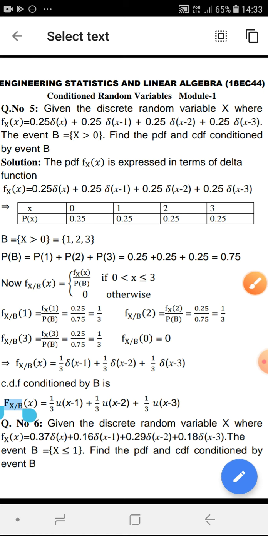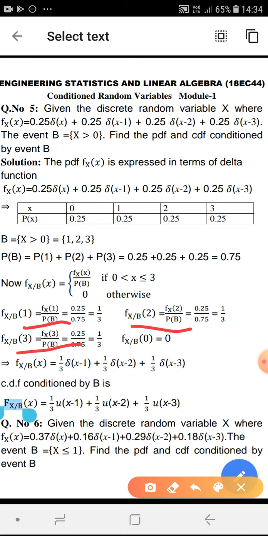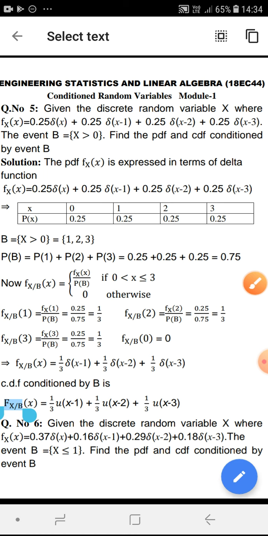So we calculate the conditioned probability density function at x is equal to 1. Put x as 1, we get 1 by 3. Put x as 2, we get again 1 by 3. Put x as 3, again we get 1 by 3. For x is equal to 0, it is not included here.